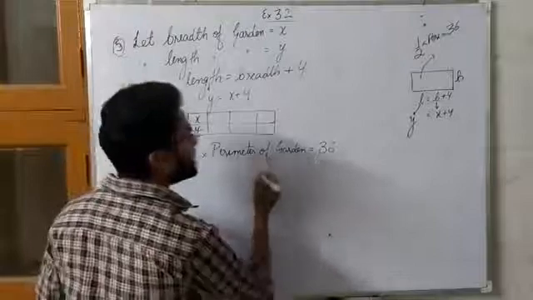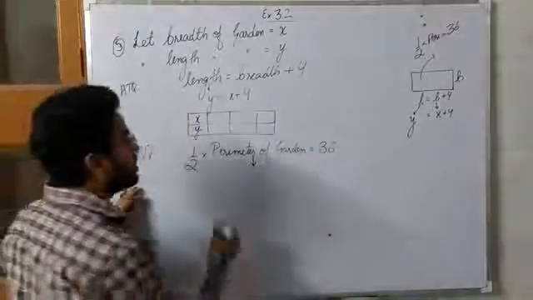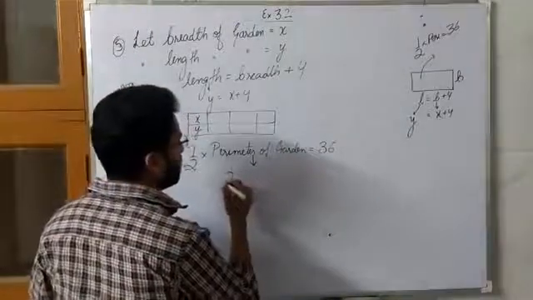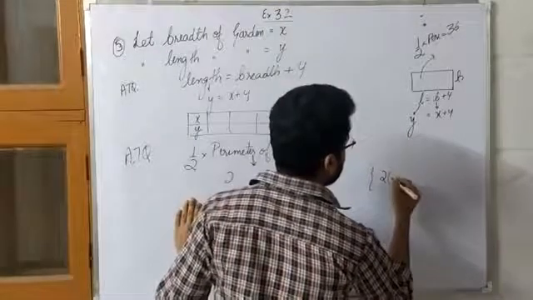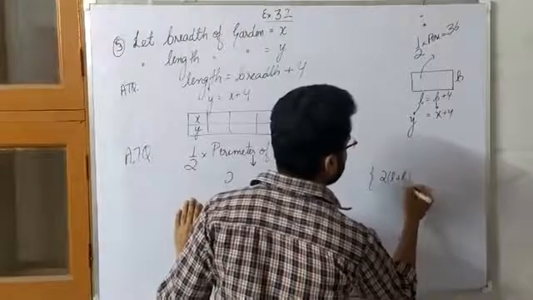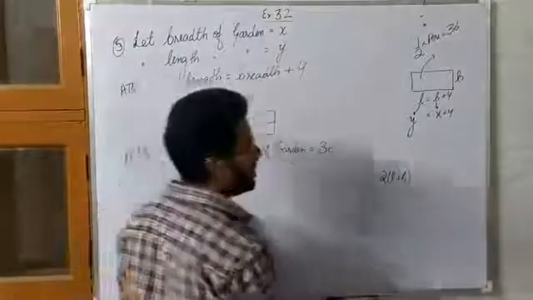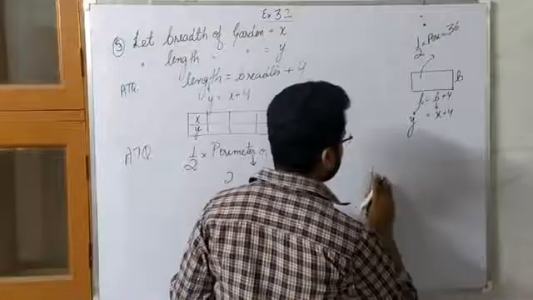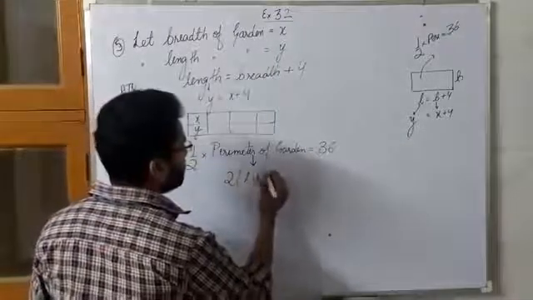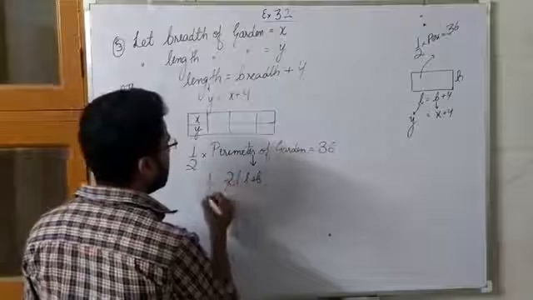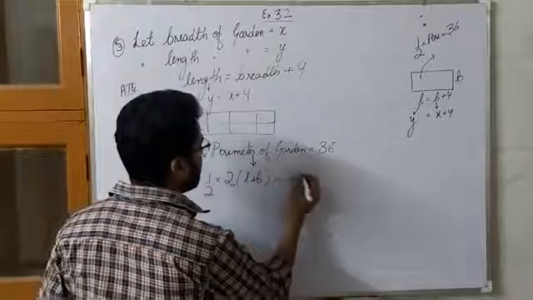Now you very well know what the perimeter of a rectangle is. The formula is 2 times (l plus b). 2(l plus b) is the formula for the perimeter of a rectangle, right?